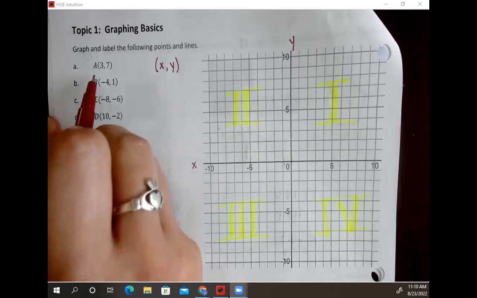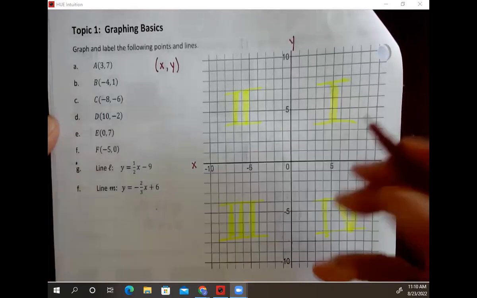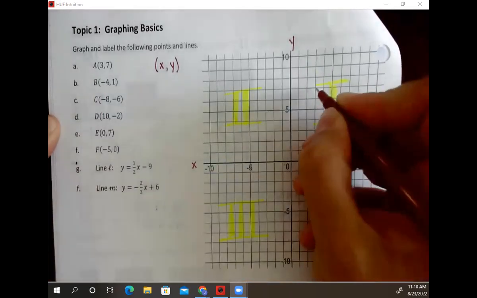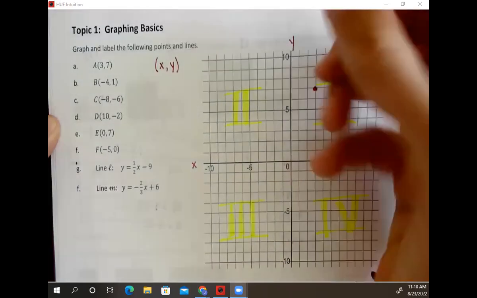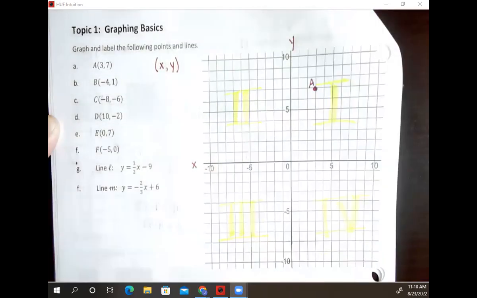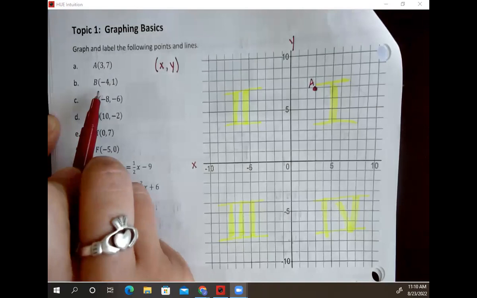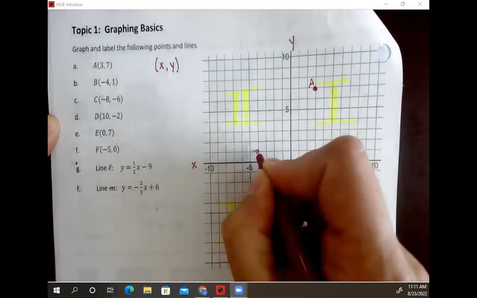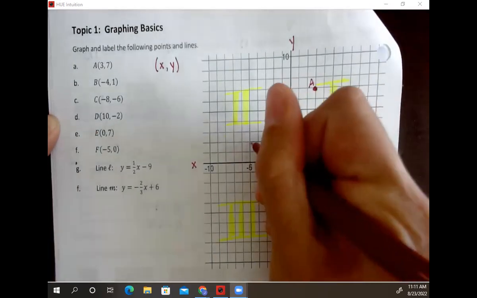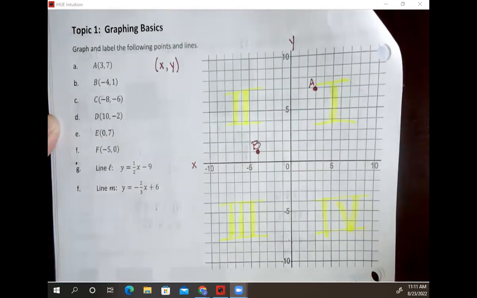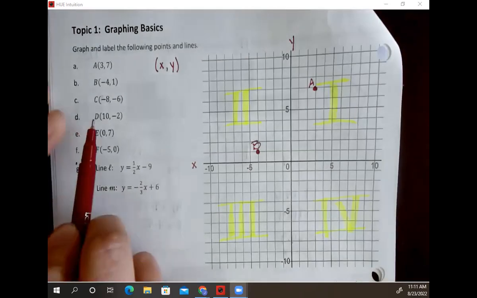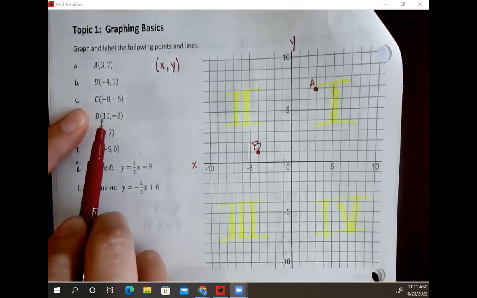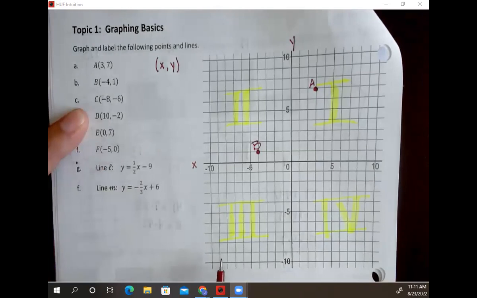Okay, so for A, 3, 7 means I go to 3 on the x and then to 7 on the y. And that's my point A. For point B, negative 4, 1 means I'm going to go to when x is negative 4 and y is 1. So we're there in the second quadrant for our point B. For point C, negative 8, negative 6 will be down here in quadrant 3.